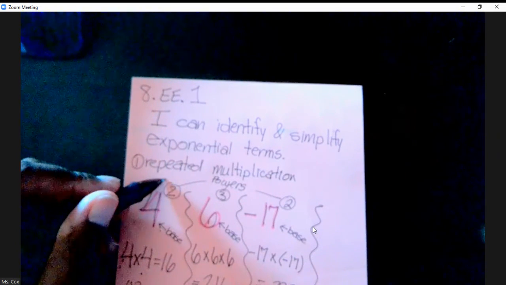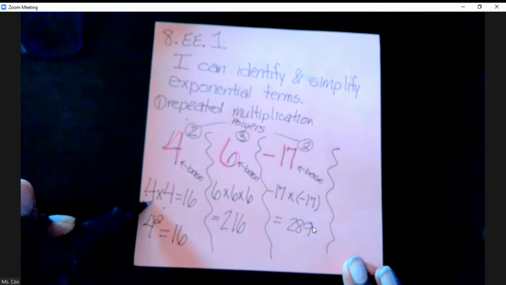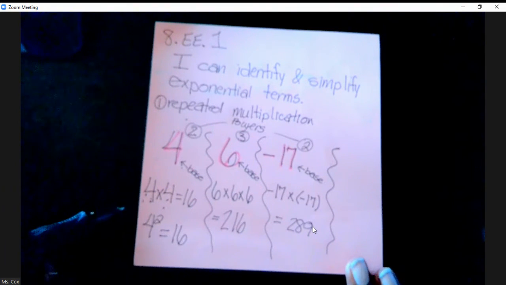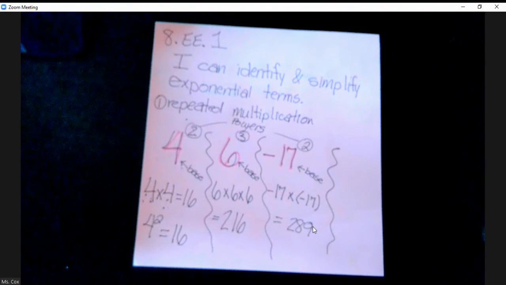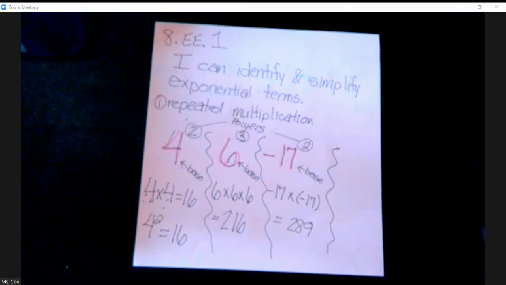We have our base and we have our power. When we simplify our exponents, our base tells us a number to start with. Our power tells us how many times to use it, and then we're just multiplying. Things will get a little bit more complex, but like I said, we're going to ease into this. So we're going to stop right here for now and finish up later.